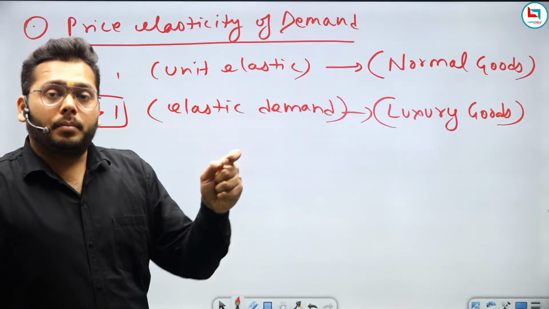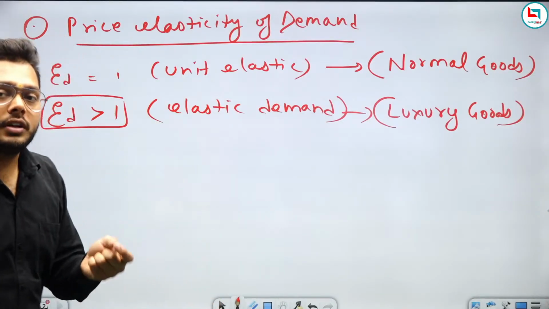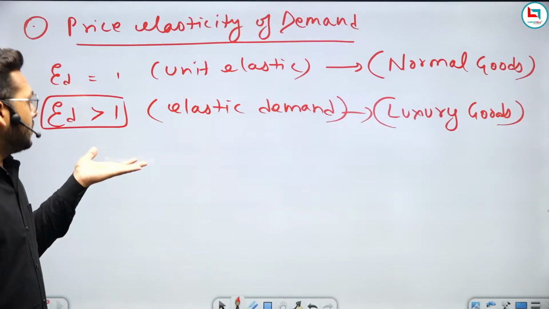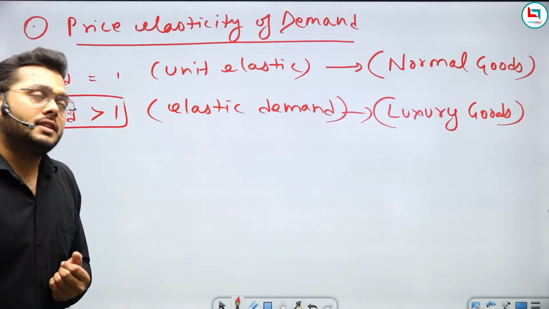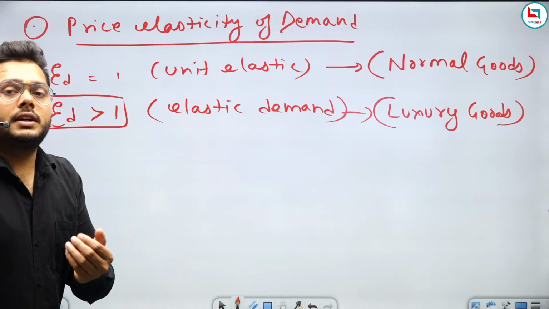If we talk about the degree of elasticity, it is more than 1. How does the value 1 come?